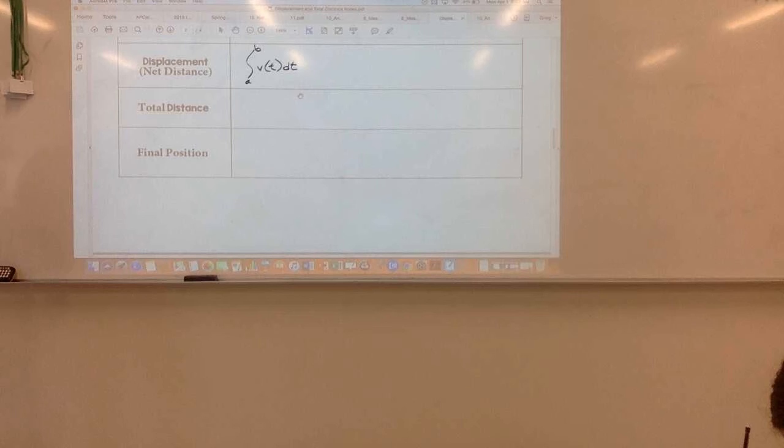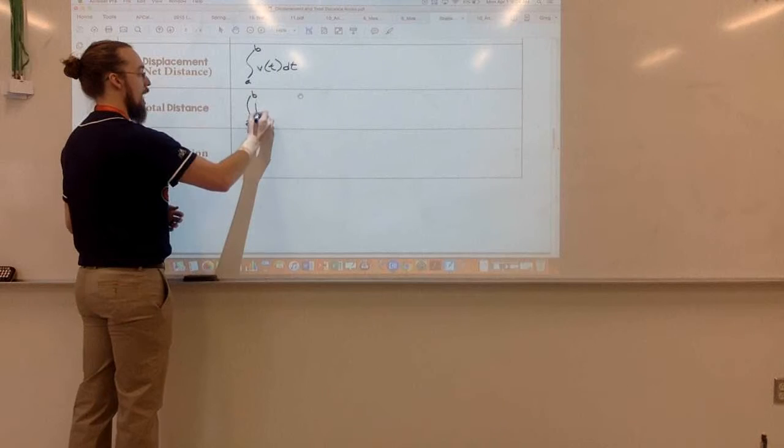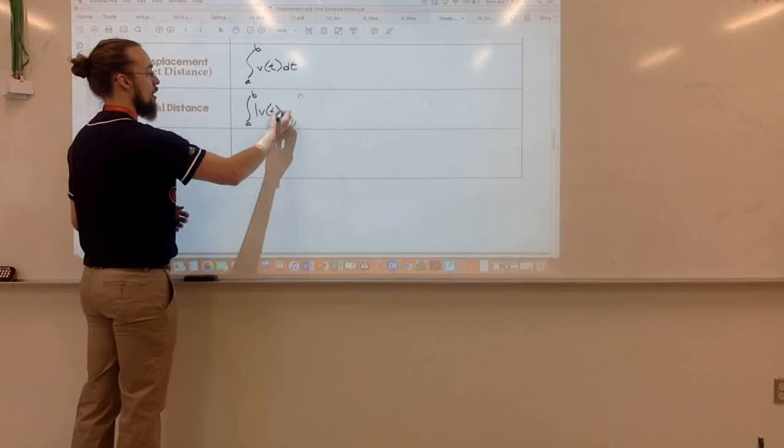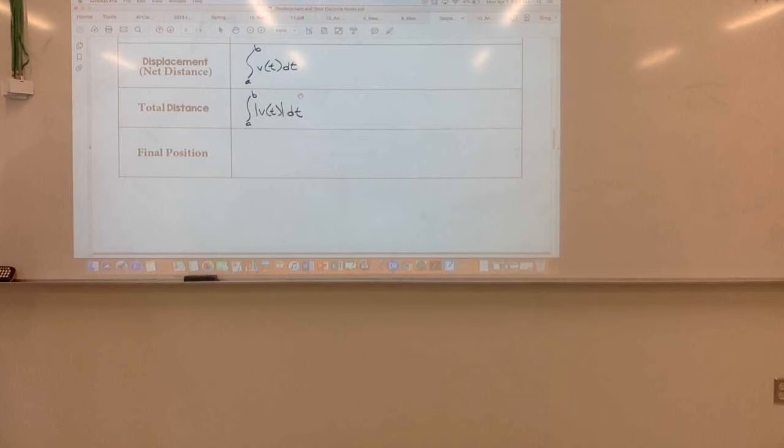This tells us where we are relative to where we started. Total distance is the integral of the absolute value of velocity. That's pretty self-explanatory. It tells us the total distance traveled.